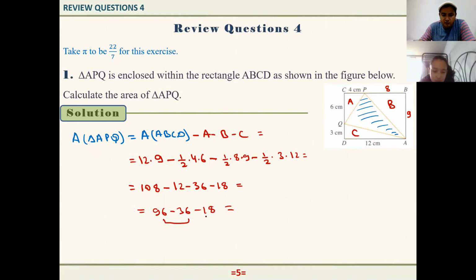And 96 minus 36 is 60, minus 18. And what is 60 minus 18? Oh, 42. 42. Okay?